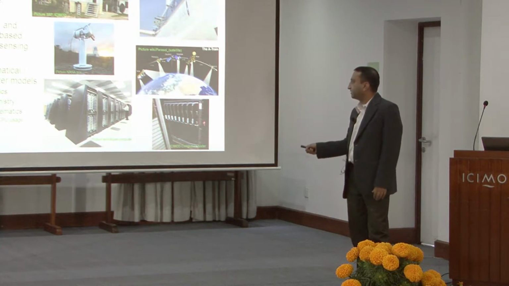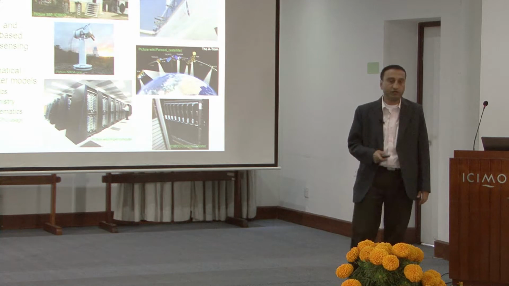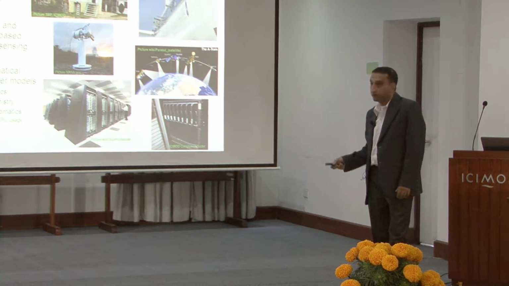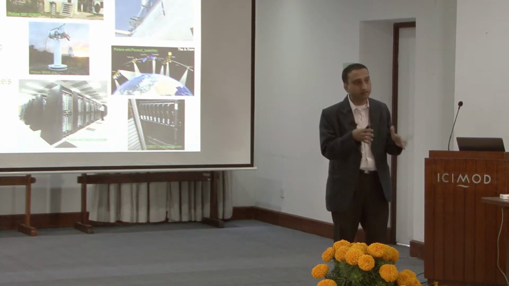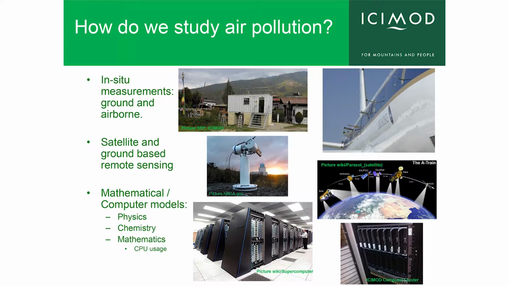Here's what we have at ICIMOD. It would be about that big. It's around 160 cores. I'll show you some examples which were done using this computer. So basically, it's 160 computers working together at the same time. Again, three different platforms to study air pollution.